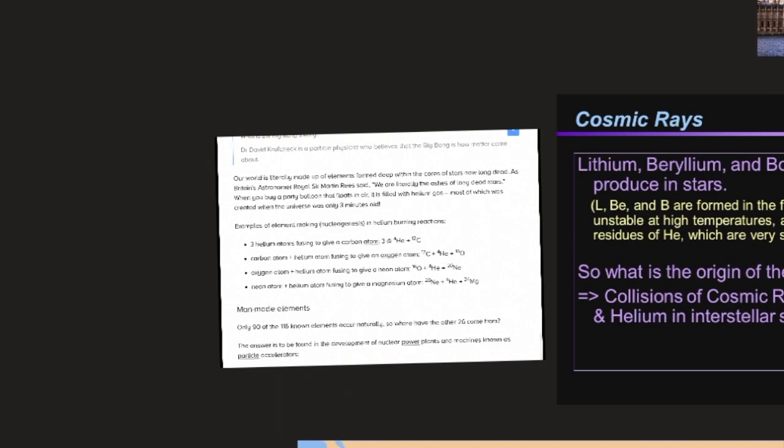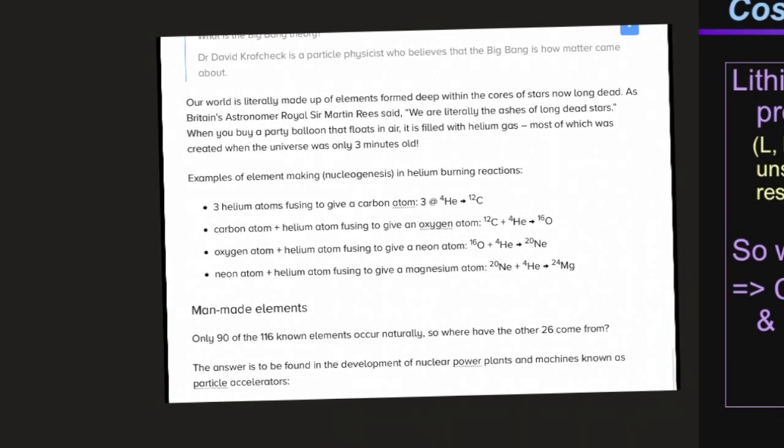So here's a diagram that I use to explain how elements are made in stars. Three helium atoms fuse to give a carbon atom, and then the carbon fuses with another helium atom in the star to produce oxygen, then oxygen fuses with another helium nucleus and electrons to attain neon, and then neon fuses with another helium atom to attain magnesium. So it just skips around, and I found that very peculiar.